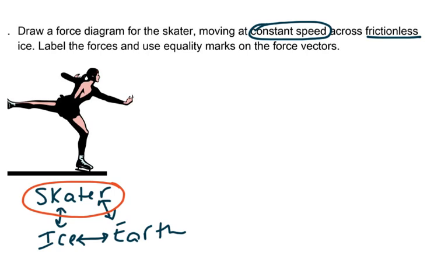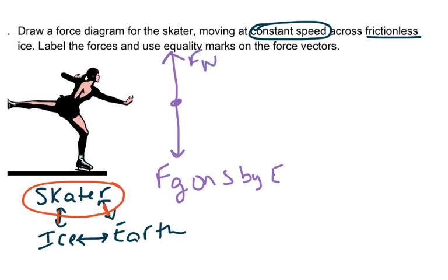So when I circle the skater, I see I have 2 interactions. So my force diagram should have 2 forces acting on it. The gravitational force on the skater by the earth and the normal force on the skater by the ice.